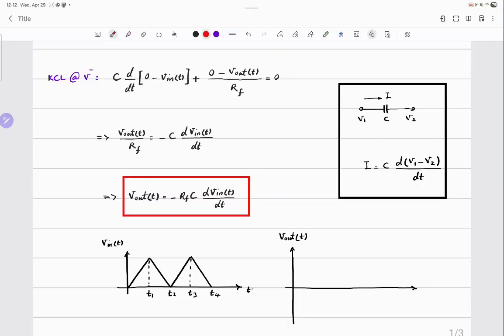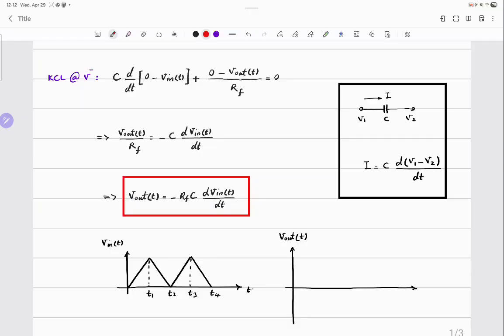Okay, question. What is this circuit doing? If you look at the red box. First, let me explain what I mean by this question. Whenever I ask you what is this circuit doing, it means what happens to the input on its way to the output? It gets differentiated.